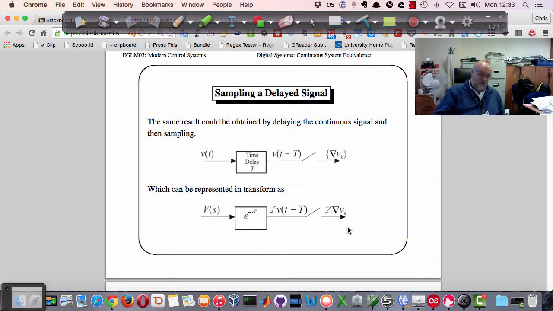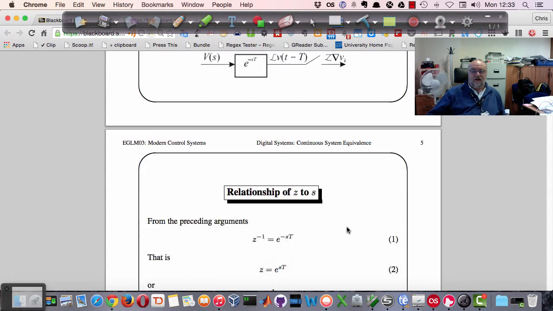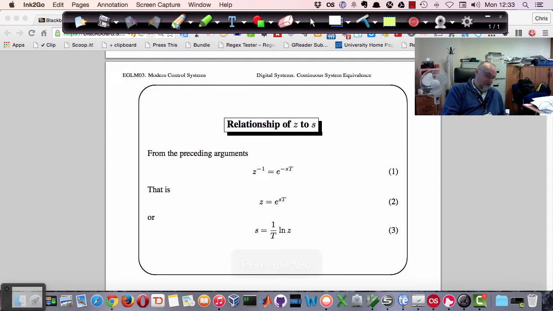So those two relationships are similar to each other, and we can use that relationship to say that, okay, if what I said previously was true, then z to the minus 1 is the same as e to the minus sT. So z is e to the sT, and if we want to find s, then s is 1 over T times the natural log of z.